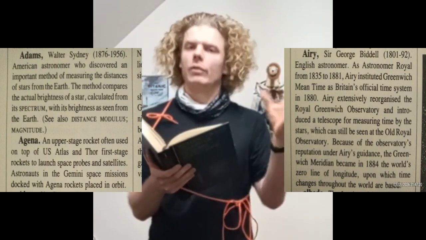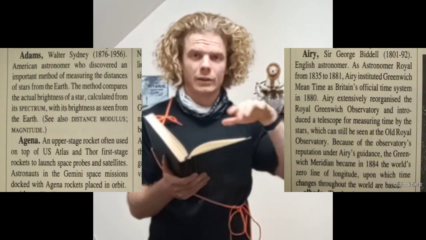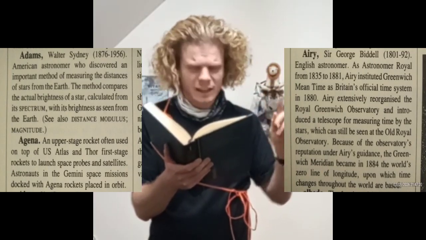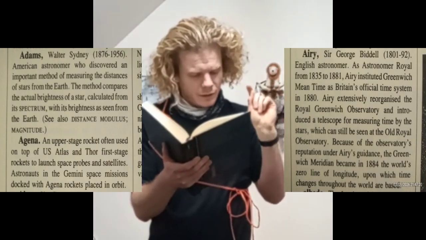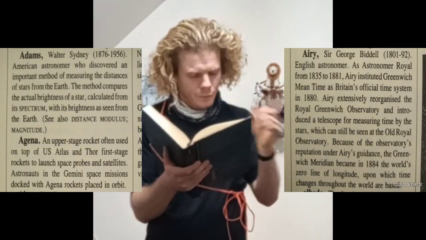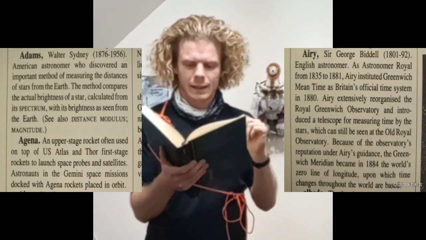Okay, it is a type of rocket. So these are rockets by which satellites are flown into space, or people also. It is some type of rocket, and it's just the upper stage of it. And it's used on top of US Atlas and Thor first stage rockets to launch space probes and satellites.